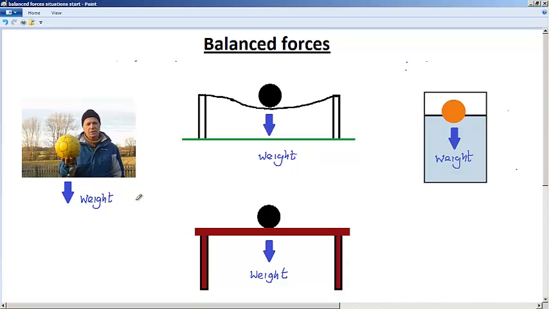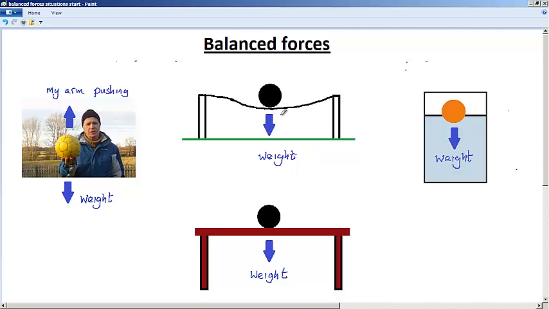Now, in the case of the football, that force is produced by my arm pushing upwards. Okay, and that exactly balances the weight of the ball, so the ball doesn't move. Now, in the case of the trampoline, what happens is the cannonball, which is a heavy object placed on top of the trampoline, will deform the trampoline, which is elastic.